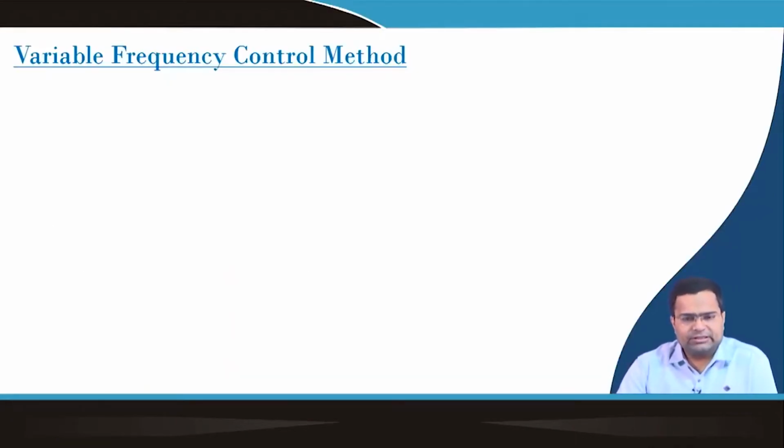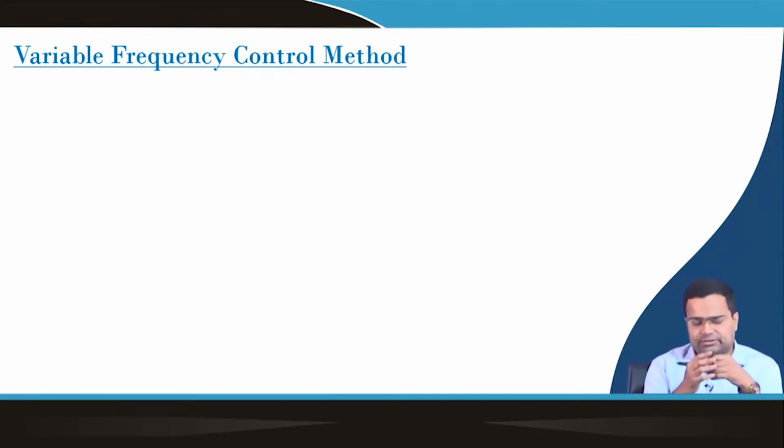When you say variable frequency, in the previous lecture we found on time, off time and total time. In pulse width modulation we kept total time constant and we varied on time or off time, like we saw in the previous lecture, whether it is trailing edge or leading edge modulation.